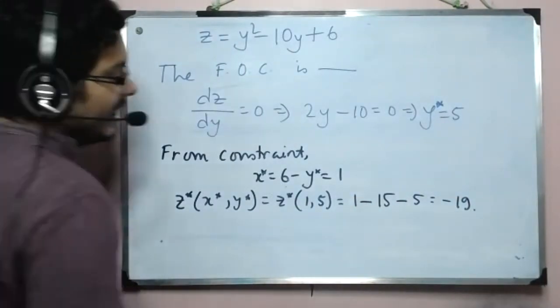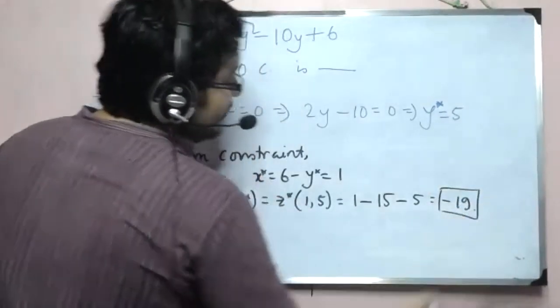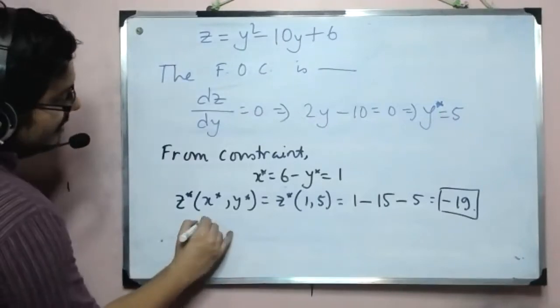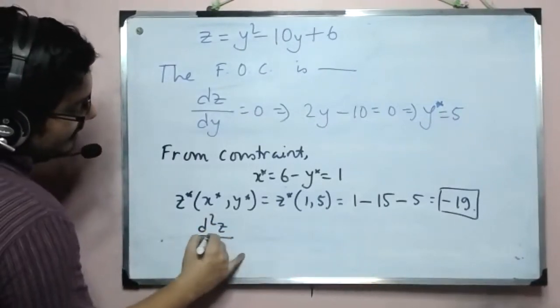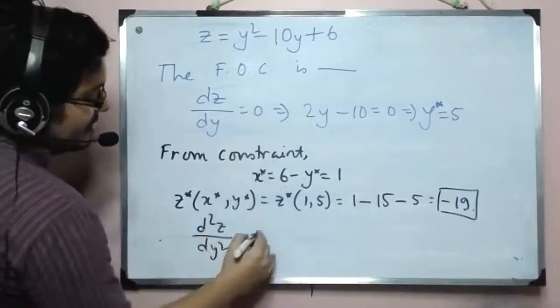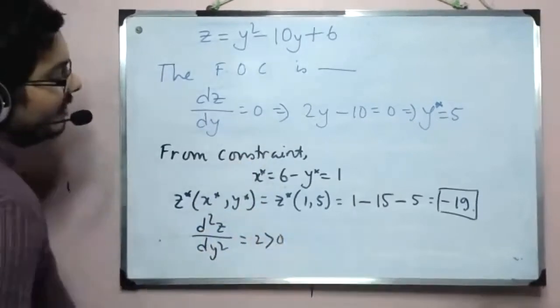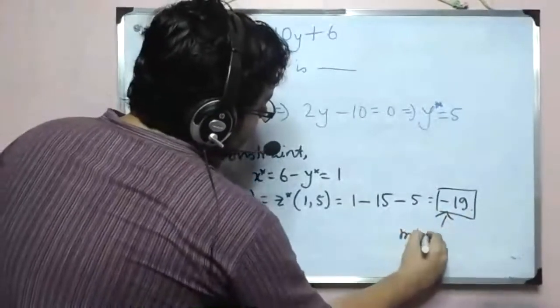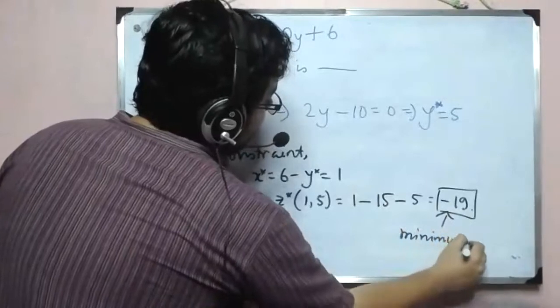Okay, so here we have the optimized value of z star, and since we are doing it with a univariate, it's very easy to check the second order. So if I check the second order, it gives us 2, which is positive. So that means this is a minimum, right?